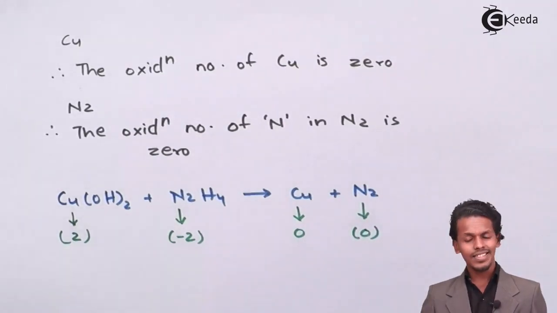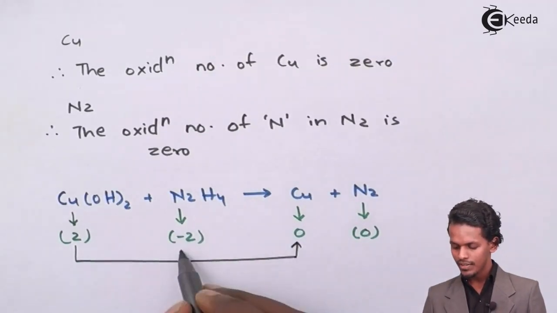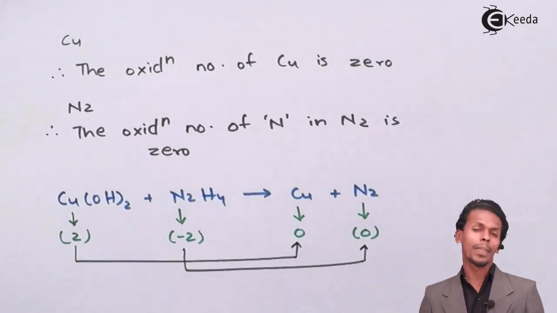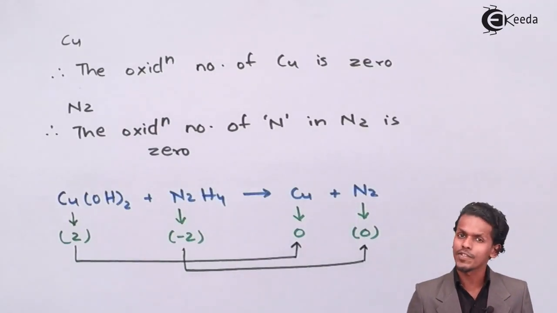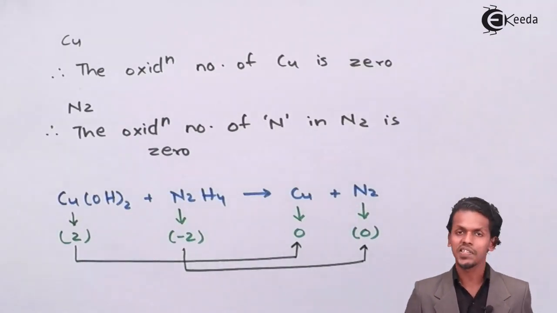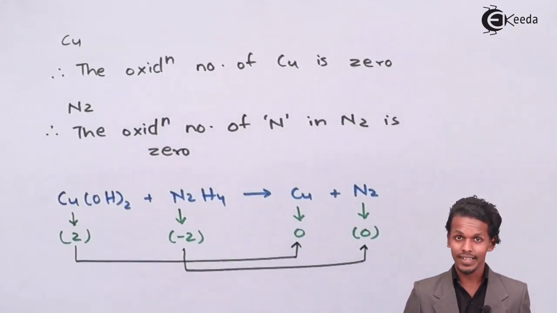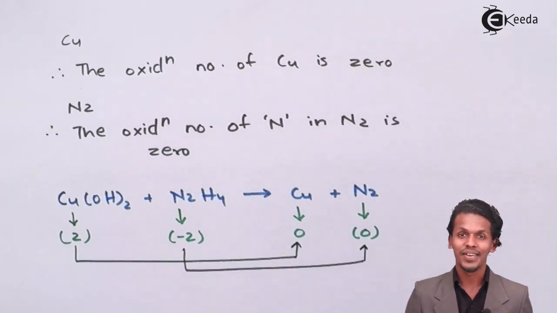So if I compare the oxidation number of copper, it is changing from +2 to 0. Changing from the +2 oxidation state towards 0 is only possible if electrons are being gained, and when electrons are being gained it is reduction.